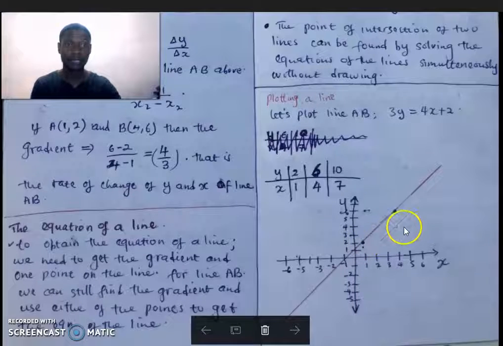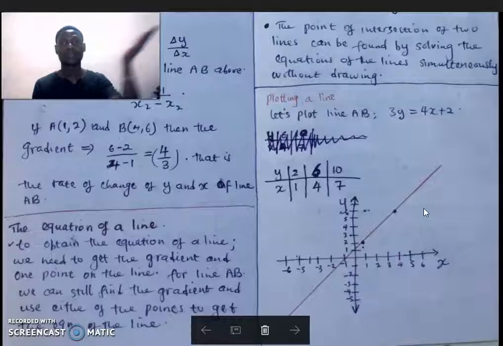Then another point 6, 4, on the x-axis, 6 is here and 4 is here. So when we do a rough sketch of that line, we find that this is the straight line and it has a positive slope, meaning that it is slashing forward.